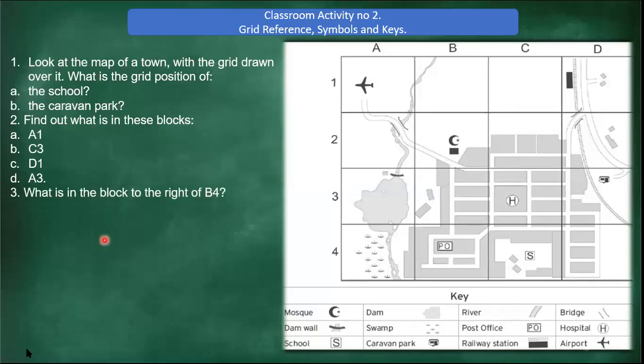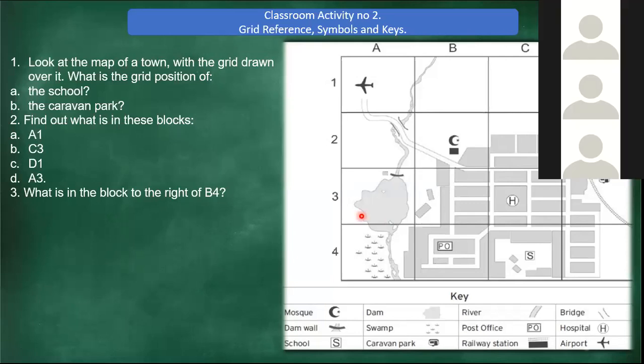Okay. What is in the block to the right of B4? B4. We have Kingsley. Yes, ma'am.